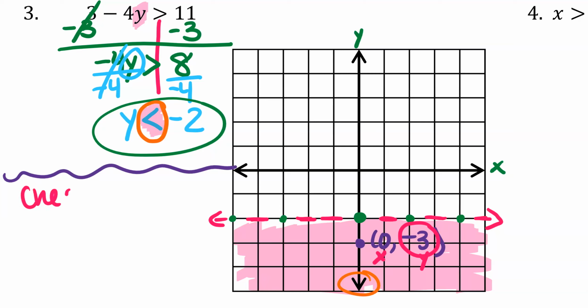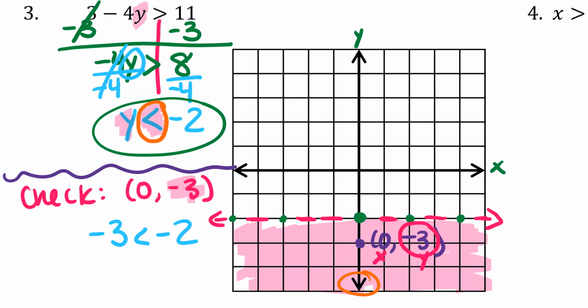So if I'm doing my check, I'm going to have 0, -3. The -3 is going to go in where the y is. So -3 less than -2. Is it? Yes, it is. So I'm good to go on that one. I shaded correctly.